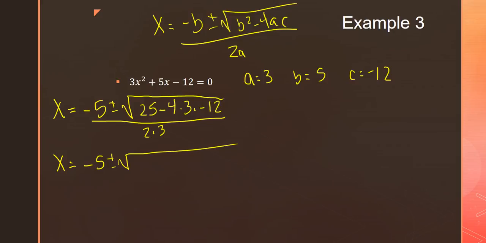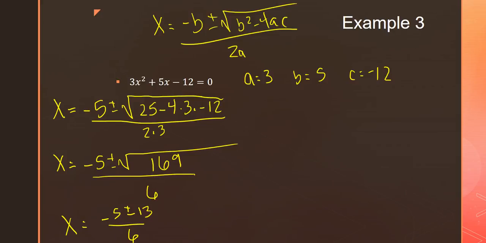Let's type that in. 25 minus 4 times 3 times negative 12 is 169 divided by 6. Now 169 actually comes out, so I get negative 5 plus or minus 13, because the square root of 169 is 13.